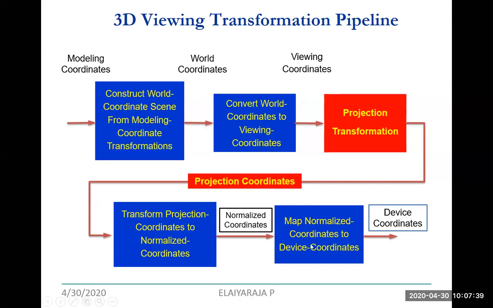Then map those normalized coordinates to your device coordinates, which you are going to view through your window, the final output of your clipped views, right? So this is the 3D viewing transformation pipeline, where the difference between 2D and 3D is this projection transformation, right?